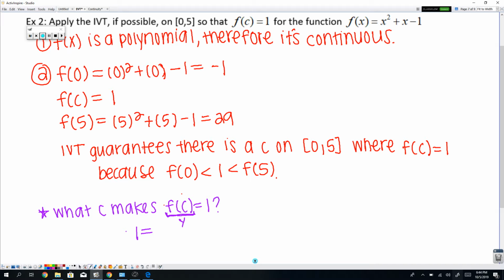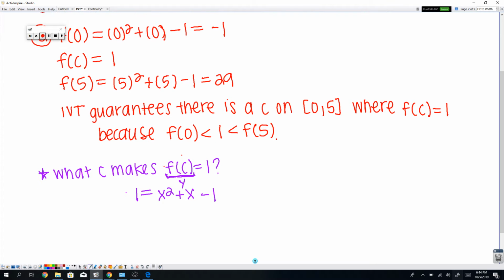So we're going to plug it in. 1 equals x squared plus x minus 1. Okay? And then we're just going to solve it. So that becomes 0 equals x squared plus x minus 2, which you can factor. So we get x plus 2 and x minus 1, and then we solve it. So x equals negative 2 and x equals 1.